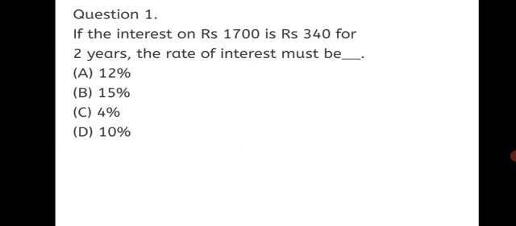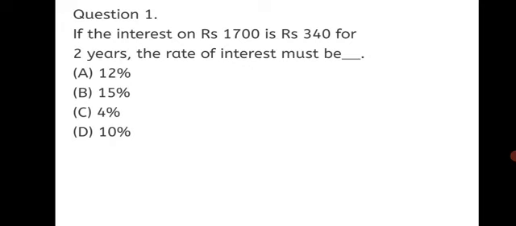If the interest on rupees 1700 is rupees 340 for 2 years, the rate of interest must be dash. So now we have to find the rate of interest. You will see the only difference in practice set 40 and 41 is in practice set 40 you are finding interest and amount.